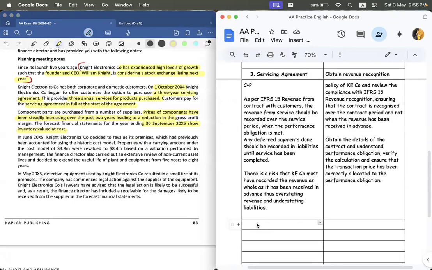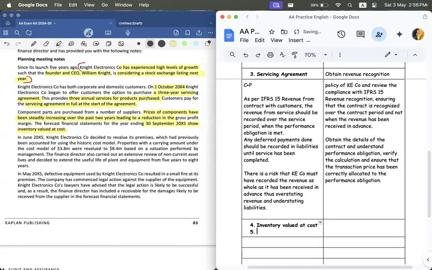The fourth one: inventory valued at cost, right? Okay. So I'm assuming my copy paste doesn't work, so I'm going to write it down.